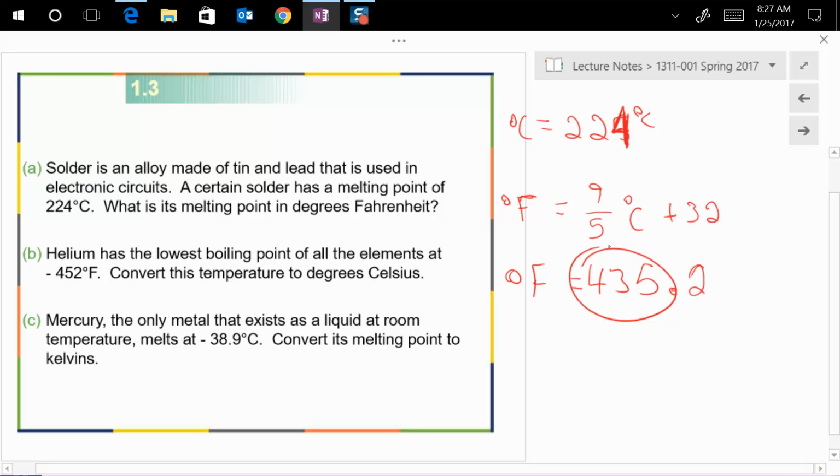Okay. Now, helium has the lowest boiling point of all the elements at negative 452 degrees Fahrenheit. Convert this temperature to degrees Celsius. So what is the Celsius temperature that would allow for the boiling of helium? Let's see if we can get a consensus on this one.